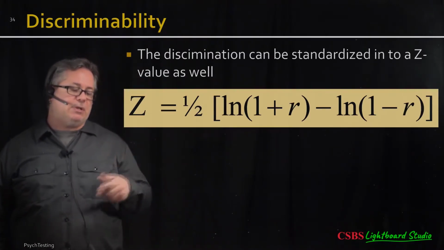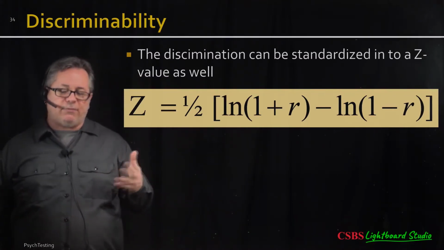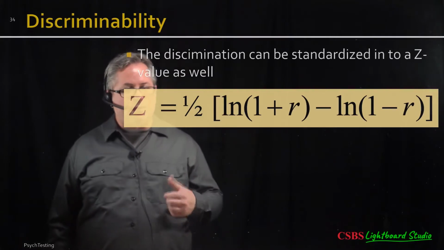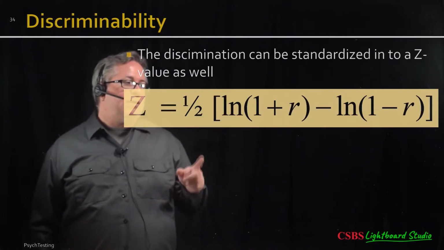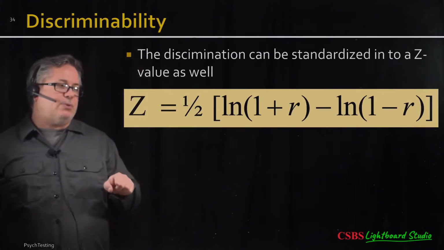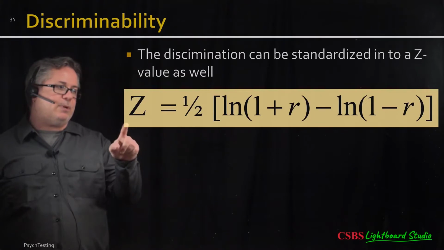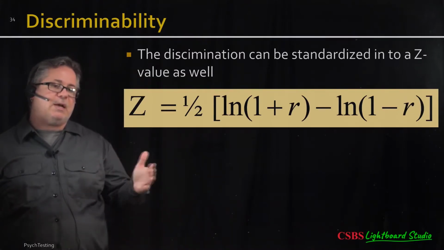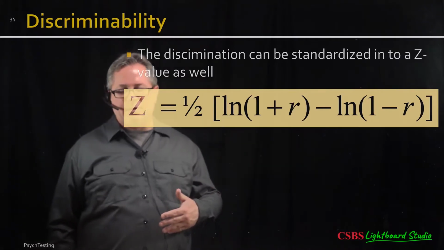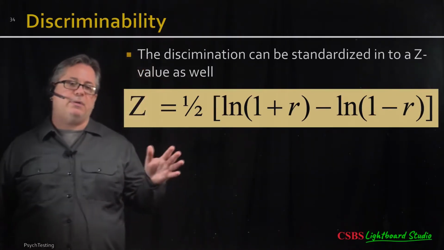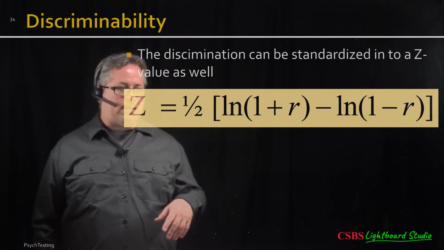Remember I said there's a couple pieces of information we use to decide if an item is usable or not, if we want to retain an item on a scale: one is the difficulty of the item, and the other is the discriminability. So if I convert the difficulty over to a Z, and I take the discrimination and convert it over to a Z, it allows us to put the difficulty and discrimination on the same Z-score scale, so we can see where the combination of the two things falls. I'll show you a picture of that in a second.